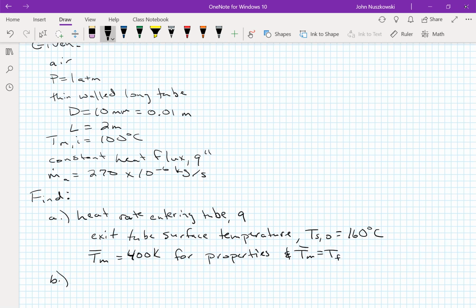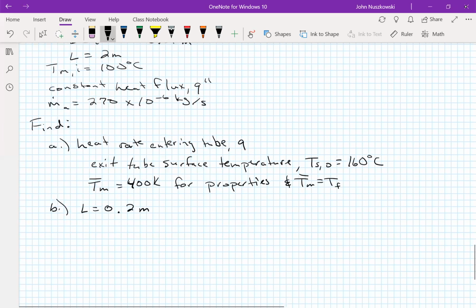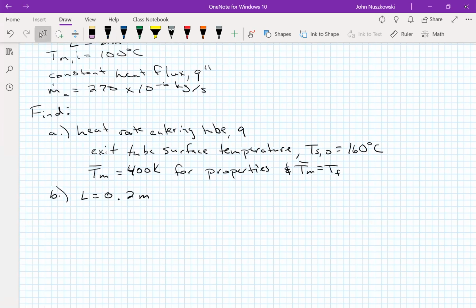Part B is the length is now 0.2 meters. And they're looking for how would the flow conditions at the tube exit be affected?